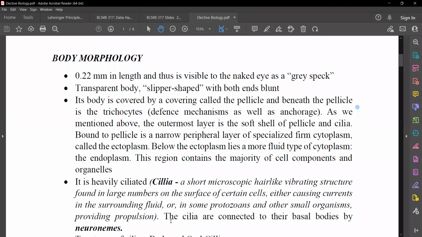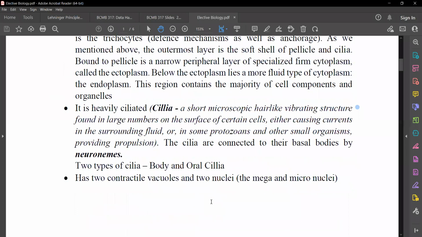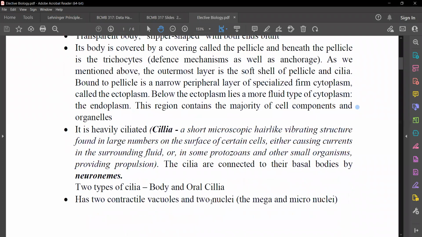Beneath the pellicle, you can also have what we call trichocytes. These trichocytes play two roles: defense mechanisms as well as anchorage. Do you get it? So that's the body morphology of the paramecium. Talking about the outer part, you can have the trichocytes and the cilia.